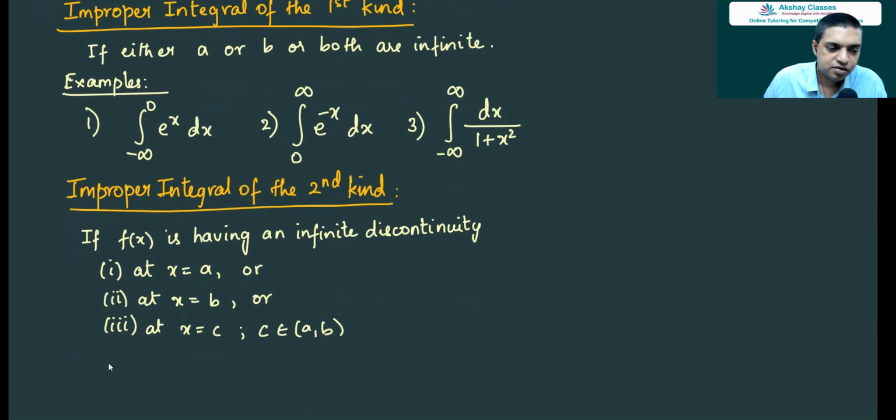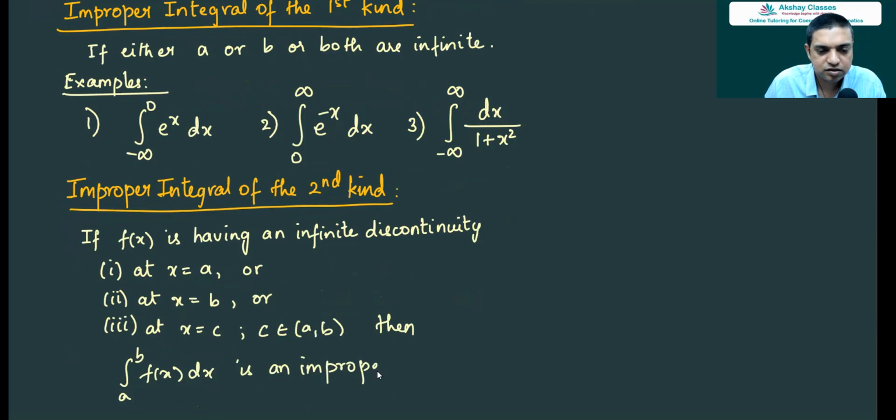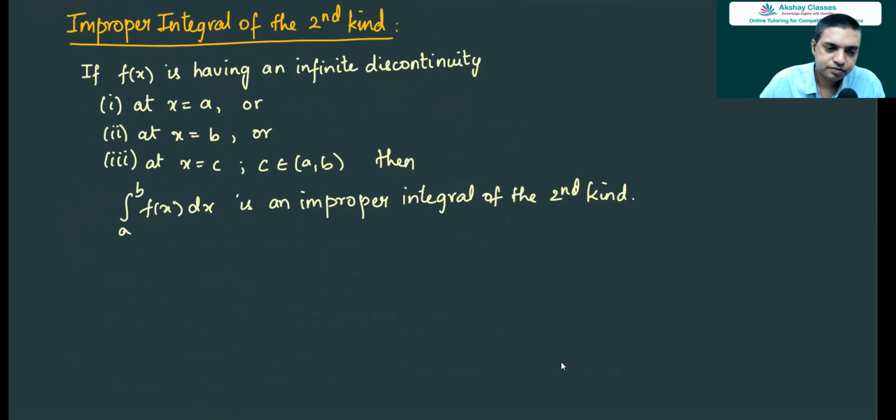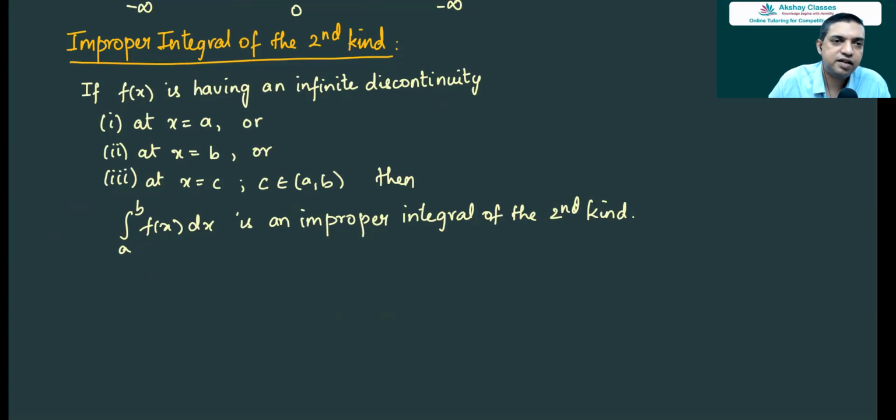Then integral a to b f of x dx is an improper integral of the second kind. Okay, this is the definition.